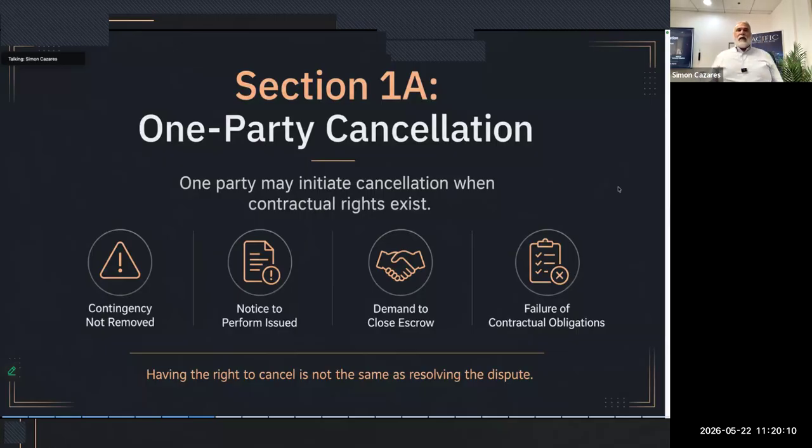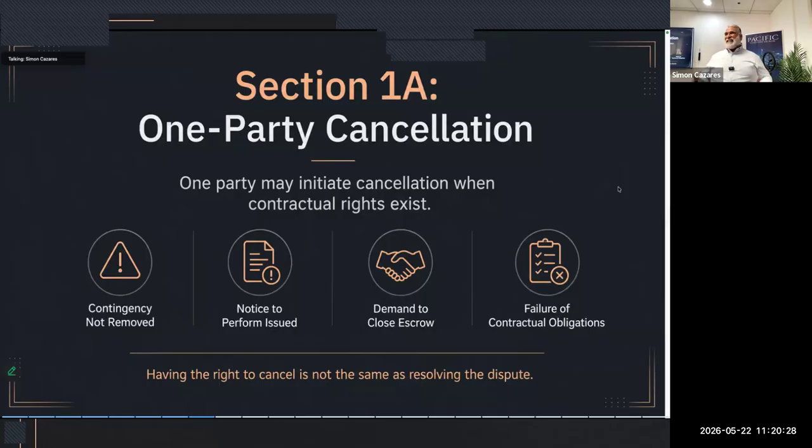All right, one party may initiate the cancellation when contractually the rights exist, right? Contingencies have not been removed. Notice to perform issued. The demand to close. Now, in that circumstance, the demand to close is a two-way part, right?